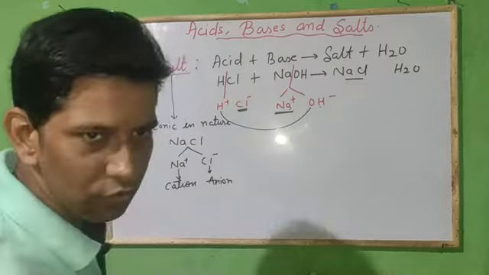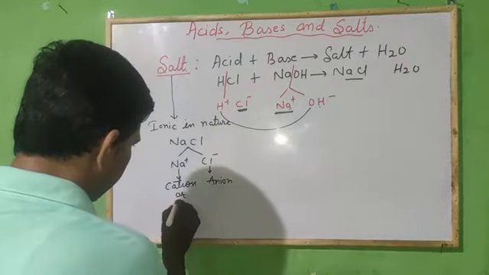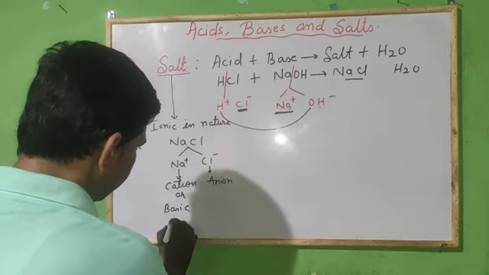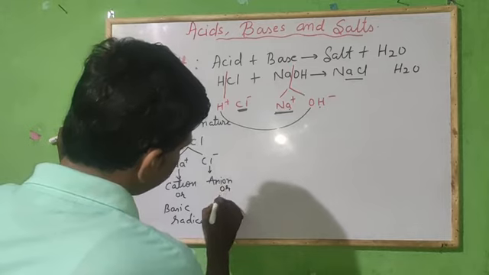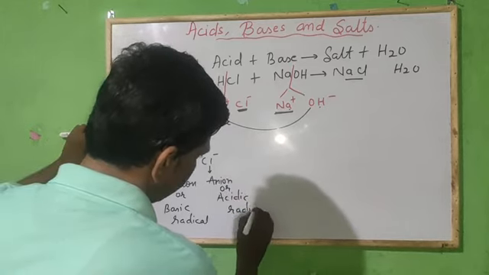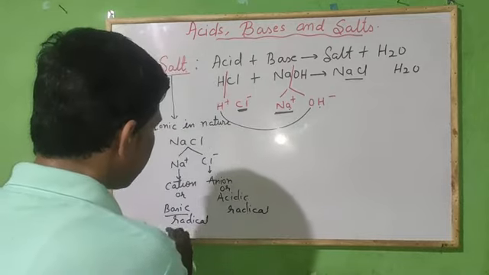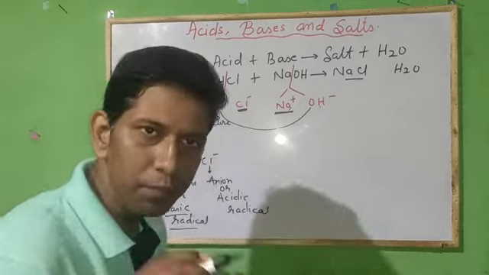Actually the cation is also called the basic radical of the salt. Here the anion is the acidic radical. Why are we saying it is a basic radical? The reason is that the Na plus part comes from a base.